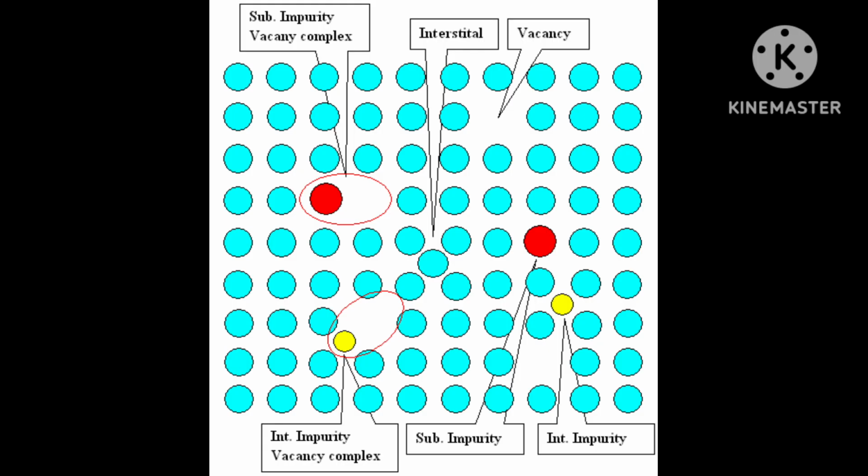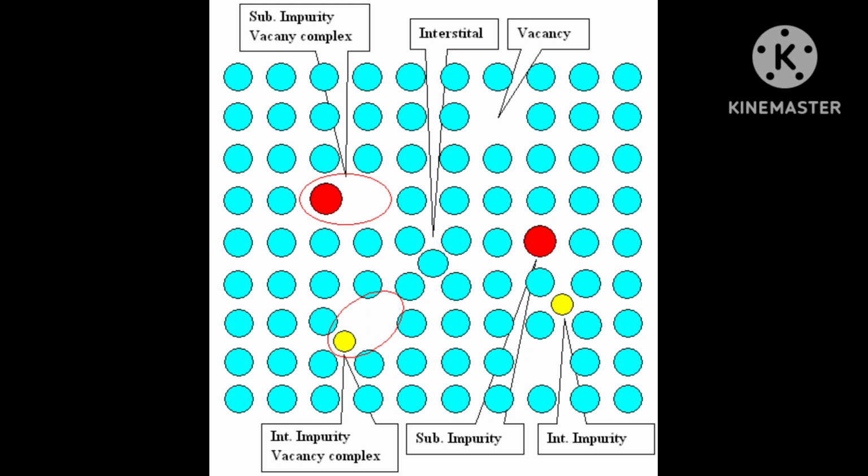Then one vacancy is created because it left its original position and went to the interstitial sites, between the two atoms. So this is a vacancy type defect. It creates a vacancy defect at its original site and an interstitial defect at its new location.